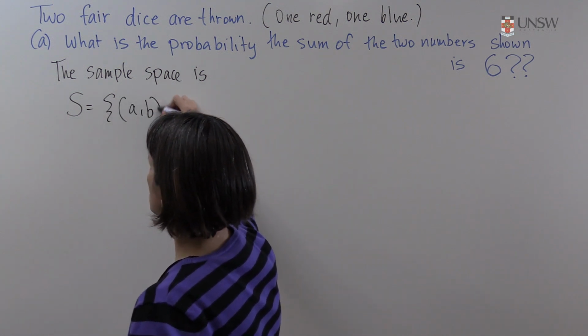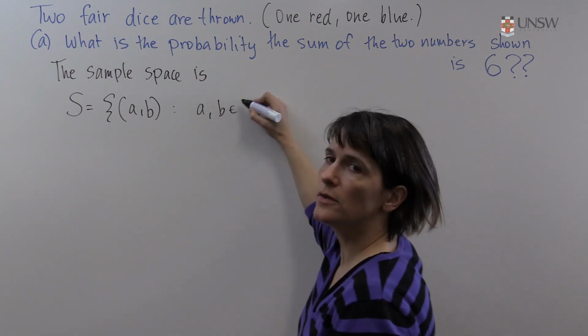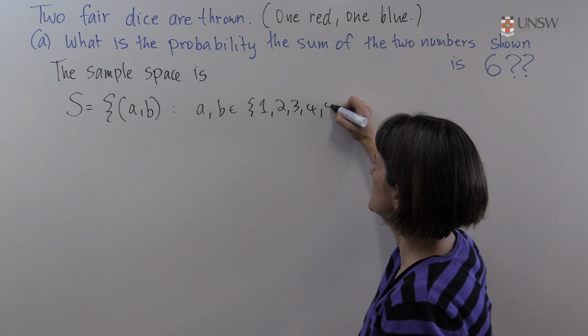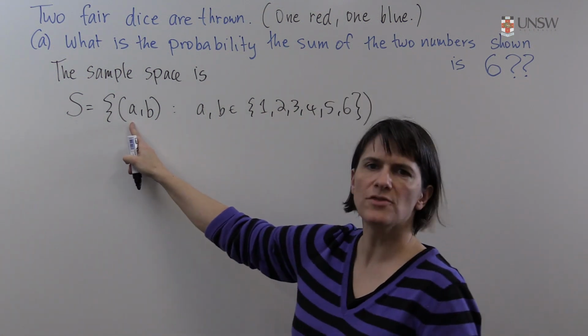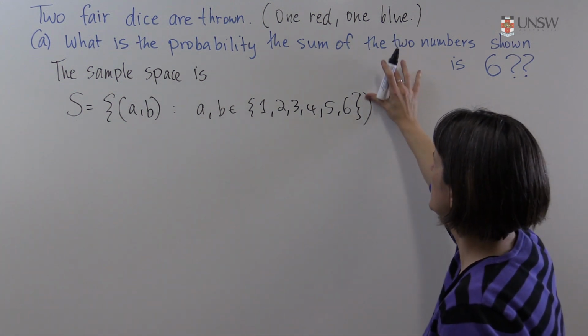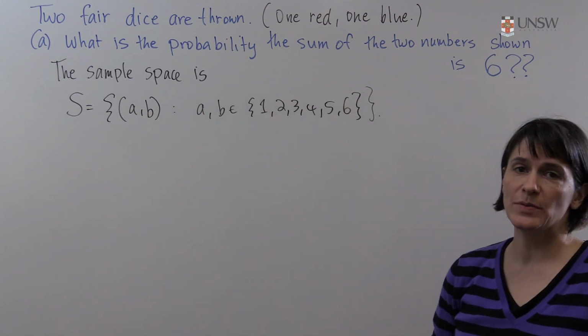So I'll write this as the set of all (A, B) such that A and B range over the set {1, 2, 3, 4, 5, 6}. And maybe the first entry is the red one and the second entry is the blue one. And that's a curly bracket, of course. This is all possible outcomes.